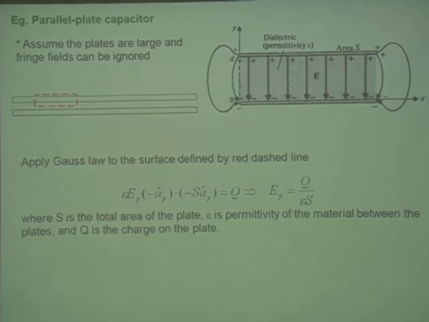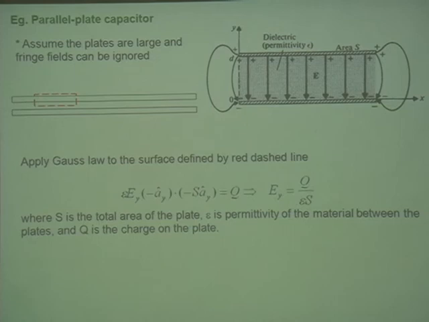Okay. Now, suppose that you have a y direction along this direction. So the electric field is going to be, this is positive and this is negative, so it's going to be along minus AY direction. And the surface area is equal to S. And this surface area is also pointing downward, so it's minus AY.